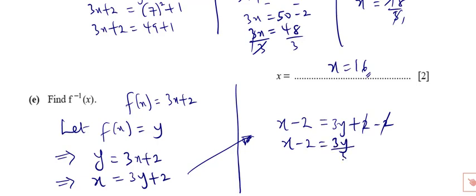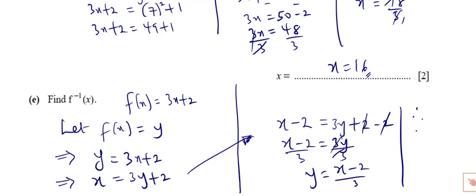We divide both sides by 3. Okay, so y equals x minus 2 all over 3. Now this answer is the inverse that you're looking for. So we can say therefore f inverse of x equals x minus 2 all over 3.